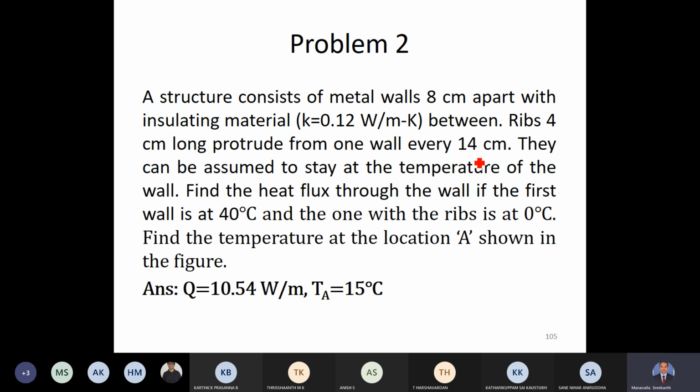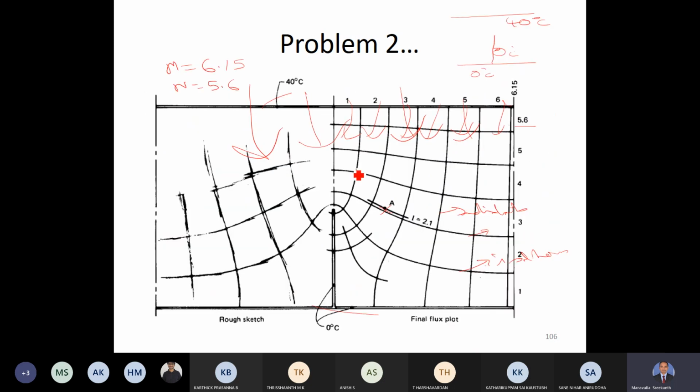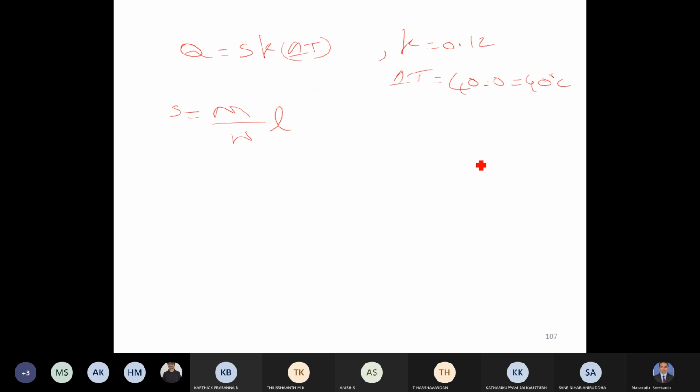In the problem, we are not given the length L. In such a case, we'll assume L is equal to 1 meter. So for 1 meter length of this particular geometry, that is what we will be calculating, the heat transfer or the heat flux.